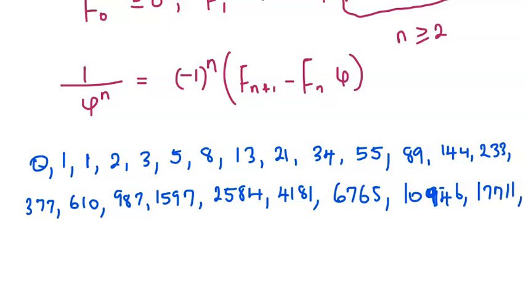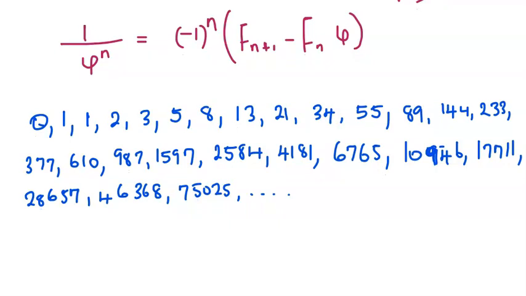The next one, 28657. The next one, 46368. The next one, 75025, and so on. I was able to list about 25 of this Fibonacci sequence because we have a power which is up to 24 right over here.